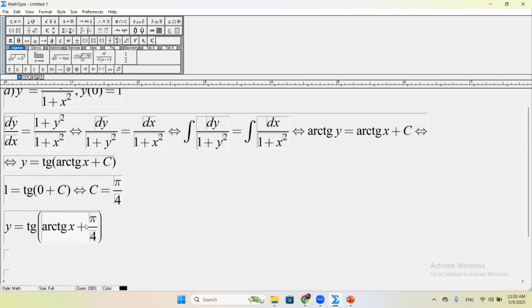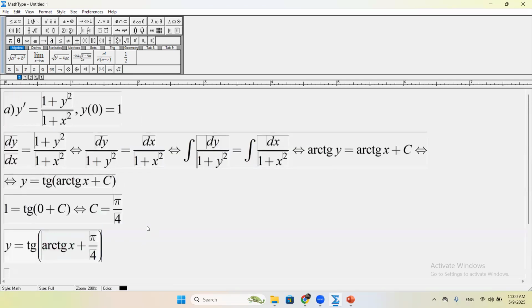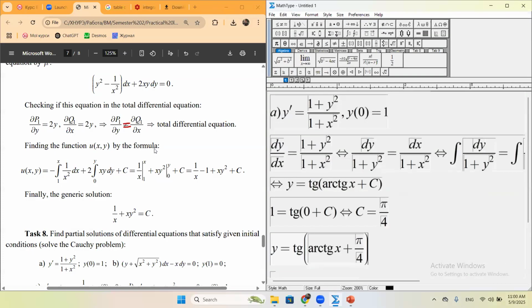So it is not the argument of arctangent, not a part of it. So have I answered your question? Yes, thanks. Of course we can transform this expression using different trigonometric formulas, but really we don't need to do it.